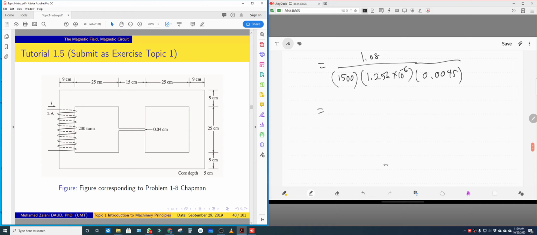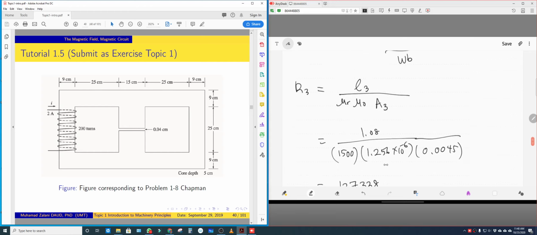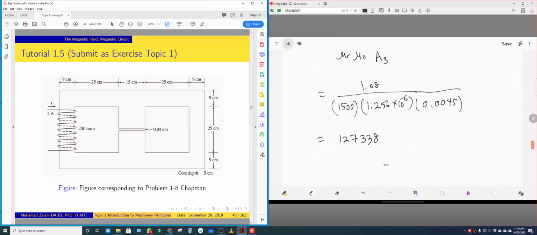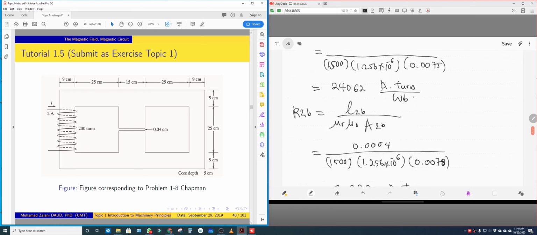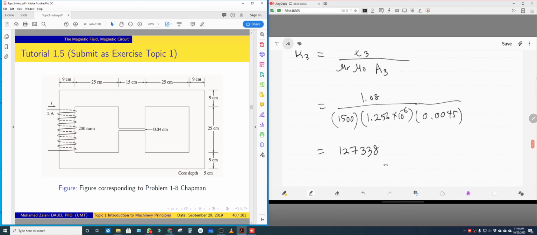Then we get 127,388. The same for this one, 127,388 ampere turns per Weber.